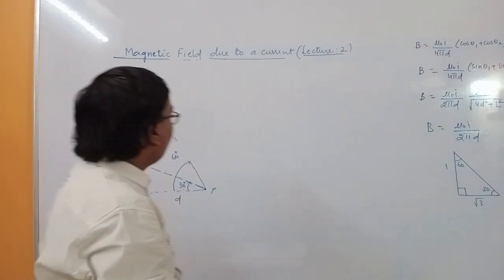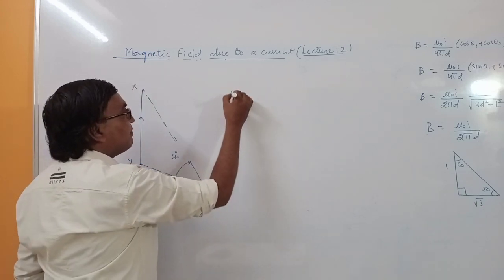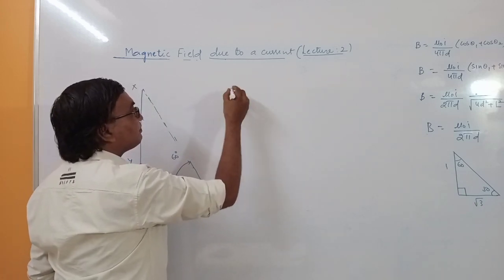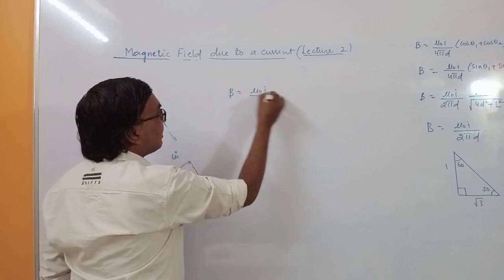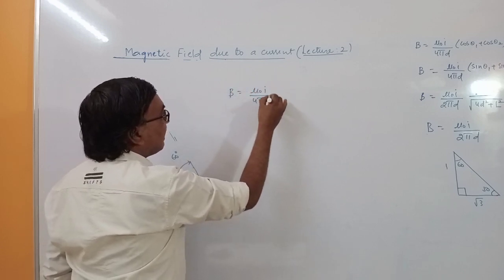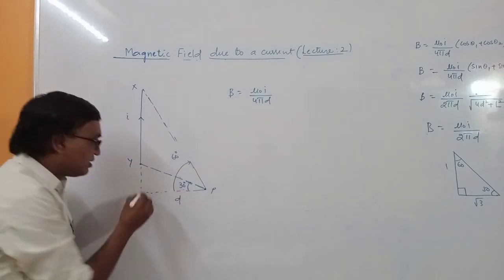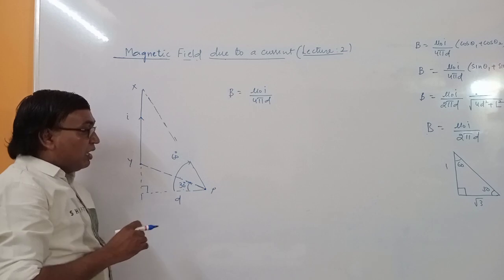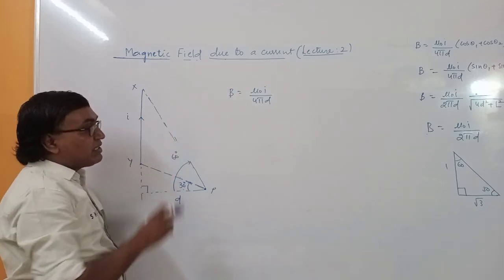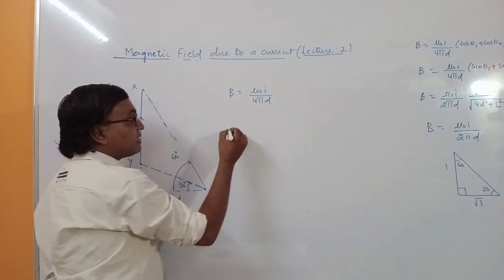So here the magnetic field B at this point is mu naught I by 4 pi D, and they have directly given the distance. This is perpendicular.